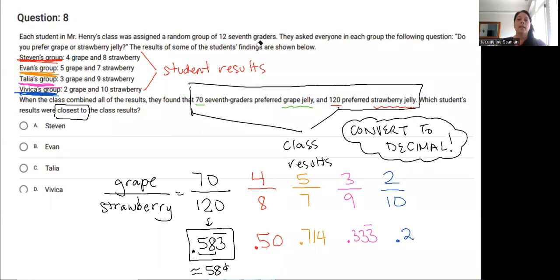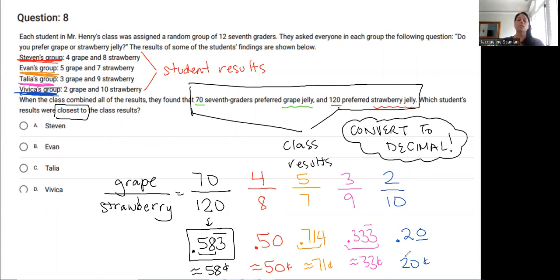So the red is about 50 cents, is actually exactly 50 cents. The orange is about 71 cents. And again, we're not talking money. I'm just using that to help my brain figure out what I'm looking at. The pink is about 33 cents. And blue, because it's missing a digit, I'm going to add in that invisible 0 at the end. So this is exactly 20 cents.